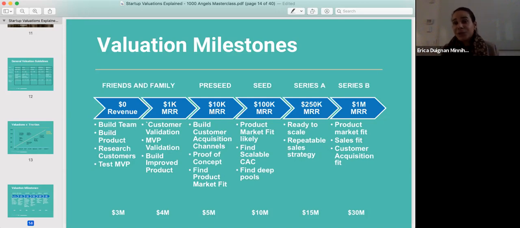But this is very true at the early stage. What we're looking for is that as a company goes from pre-seed to true seed to a Series A to a Series B, you get approximately a 50% to 100% increase in valuation.